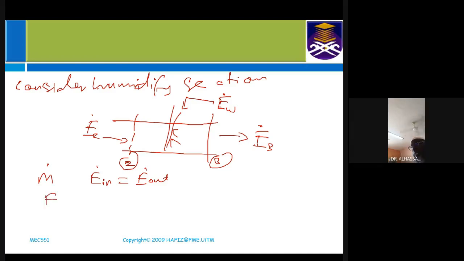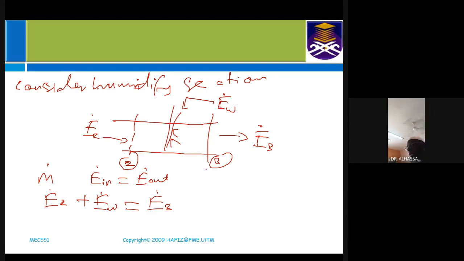We have E2 plus that of the water, the energy carried by the water. This should be equal to the energy of the air which is leaving after the humidifier. But what are this E2, E3, and EW?